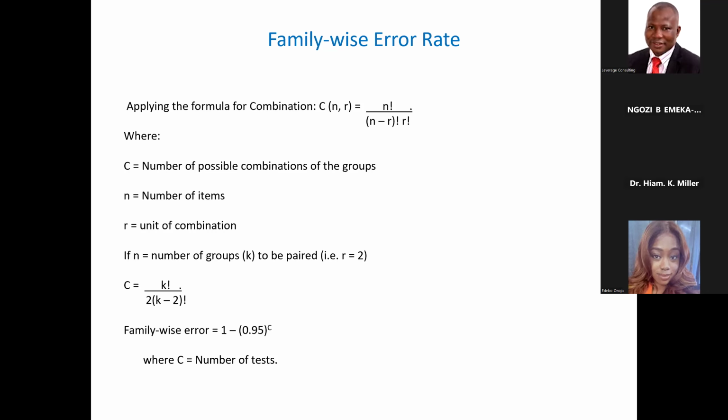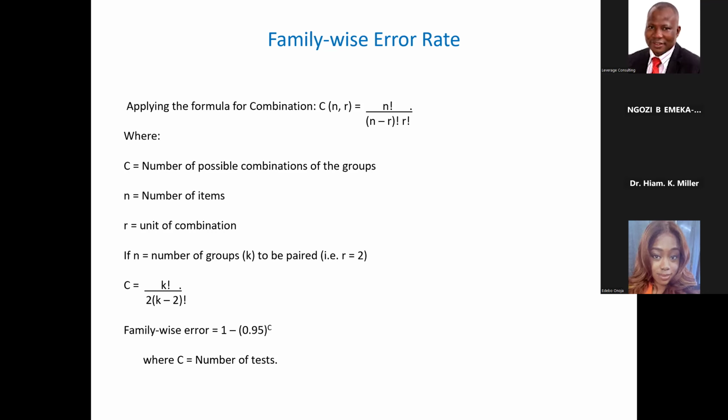So you say C is equal to n factorial over n minus r factorial, r factorial. Now, if the number of groups to be paired is K, you can use the letter K. Normally in mathematics they use the letters we just saw above, but when we talk about it here, they change the pattern.